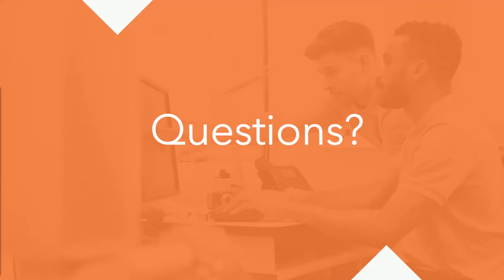Tom or Shaya, I'm not sure who wants to answer this one, but the question here is, how does this work with an existing ERP system? Yeah, Shaya, I think we could all get involved with this one. Okay, perfect.